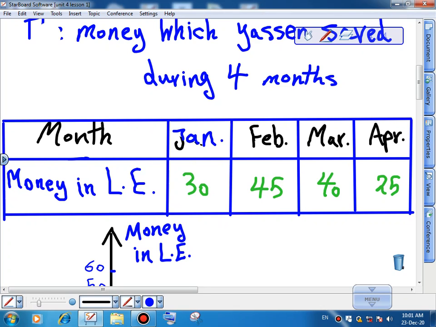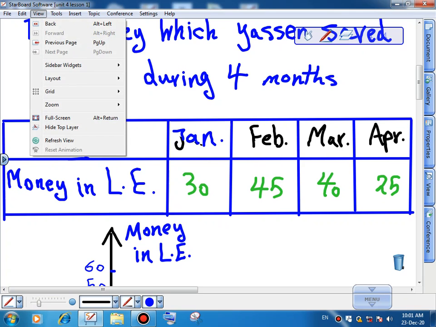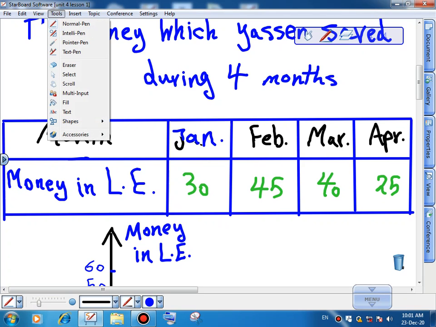And the second one, money in LE, money that he saved in every month: 30, 45, 30, and 25. In this case, I need to present this data in a graph.